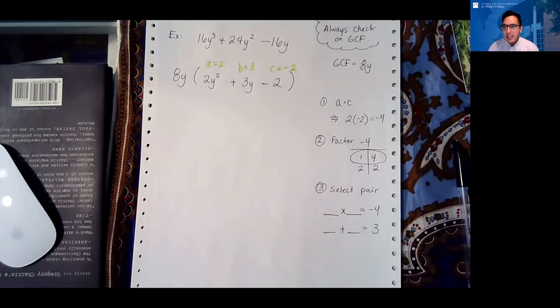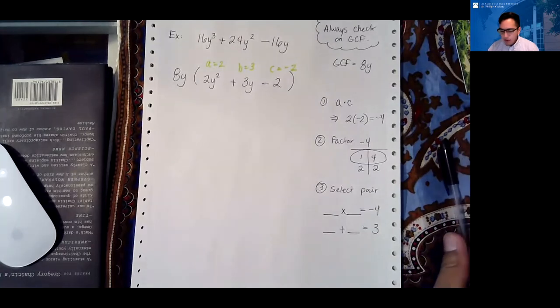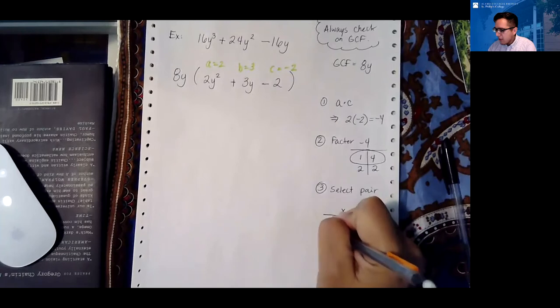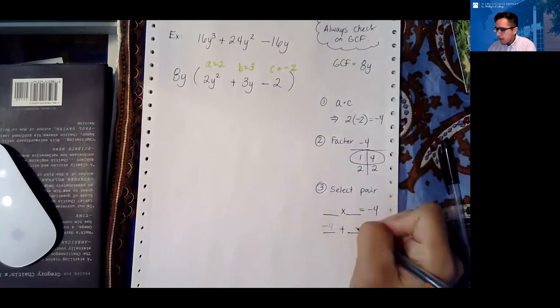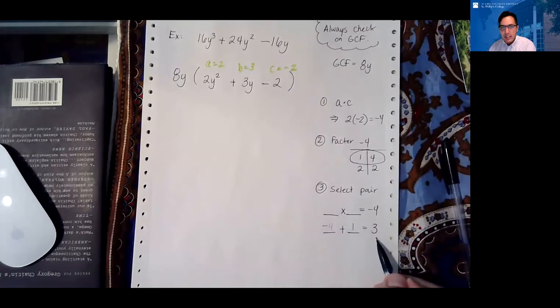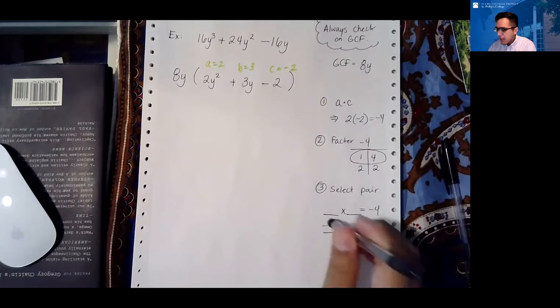The first response I heard is that the 4 should be negative. But if we made the 4 negative, let me use a pencil for this, -4 and +1, does that add to give us +3? No. So that means that we've made a poor selection there.